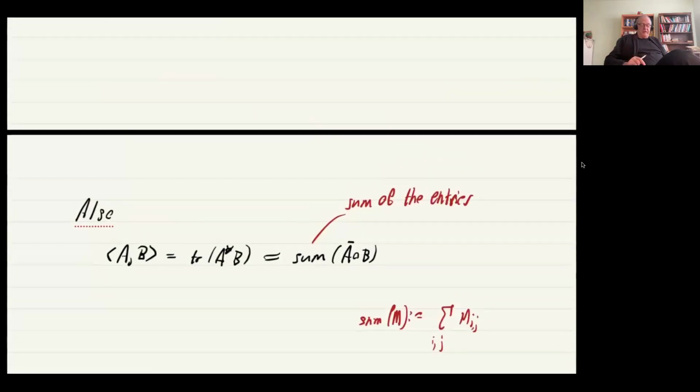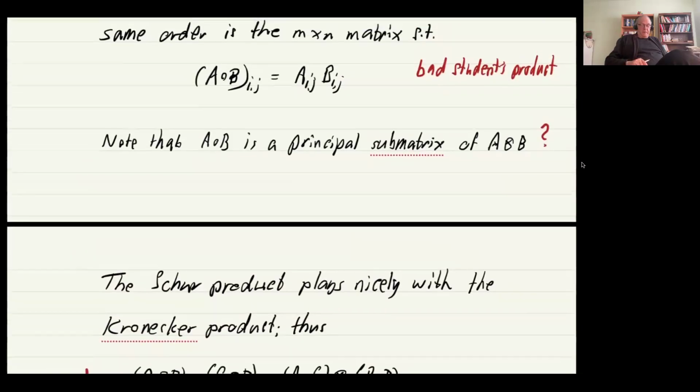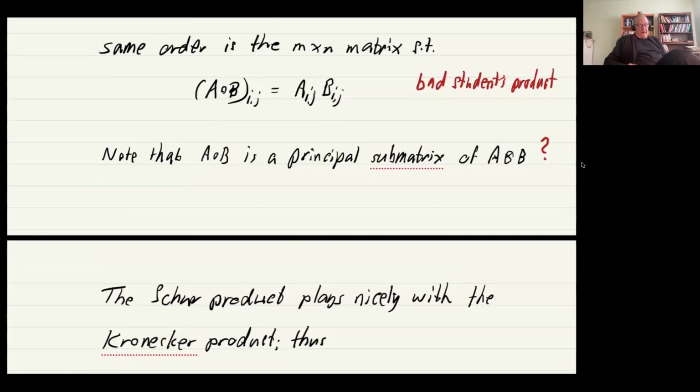You can deduce it from this fact: if you prove that the Kronecker product of 2 matrices that are positive semi-definite is positive semi-definite, and then principal submatrices of positive matrices are positive semi-definite. Now you've got to be a little careful. How do I prove that this is positive semi-definite?